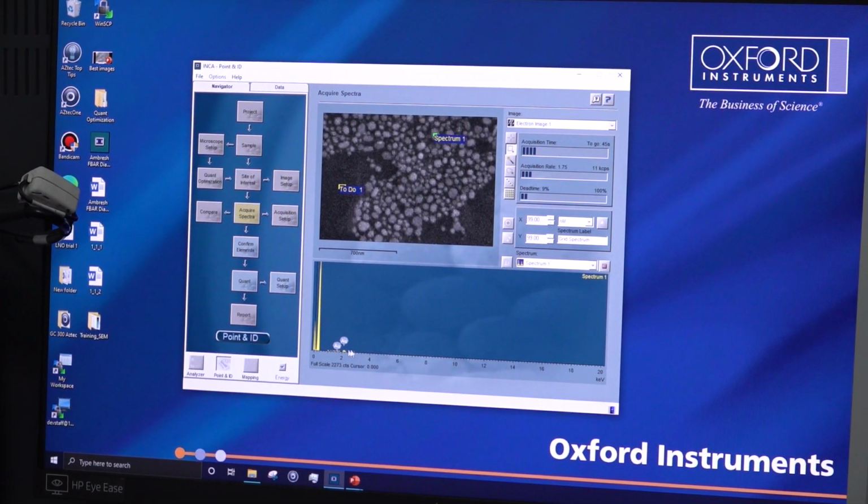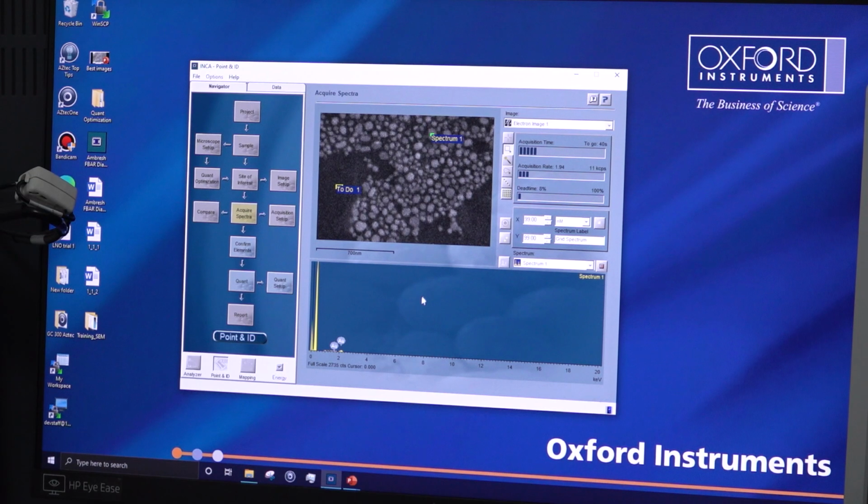You can see that gold thickness is not much. Therefore, the gold peak which is coming here is very small and we are getting a very dominant carbon peak.